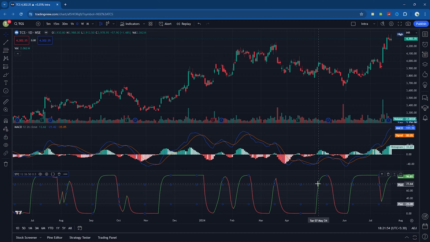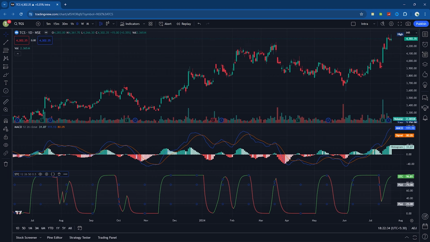Conversely, when it crosses below 75, which is this horizontal line, it signals a potential selling opportunity. So whenever it crosses below 75, there is a good opportunity to sell that particular stock, or if it goes above 25 from bottom to up, then you can buy the stock. That's how the STC, or Trend Cycle, works, right?